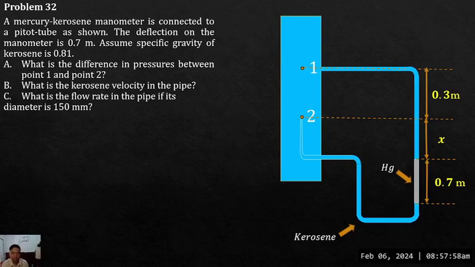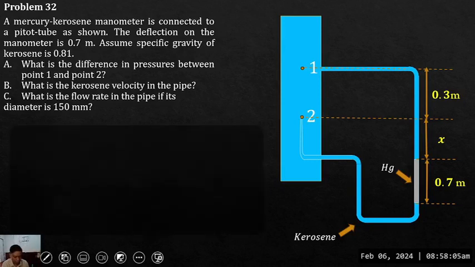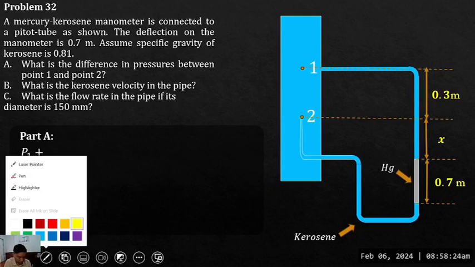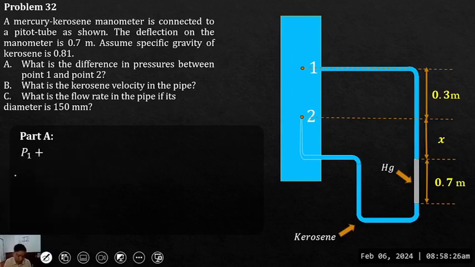Okay, so kapag tinanong tayo ng difference in pressure, yung solution natin dyan is katulad ng ginawa natin kanina. So, start tayo from point 1 to point 2. Yung pressure dito sa point 1, same level lang sila dito, so same pressure sila, pwede tayo mag-start din dito.